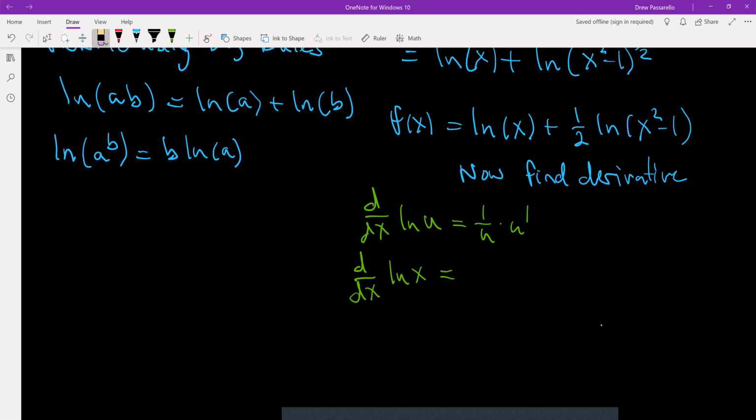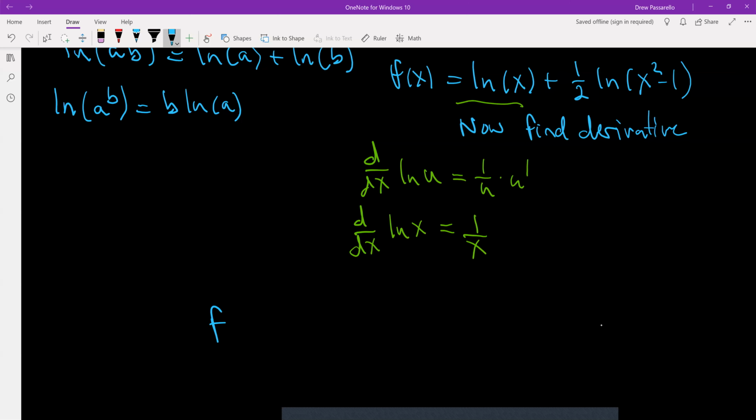So anytime it's just x, it becomes 1 over x. So at least I know for this part, that's 1 over x. So f prime of x, so I'll bring it down here. So derivative of natural log of x is 1 over x.